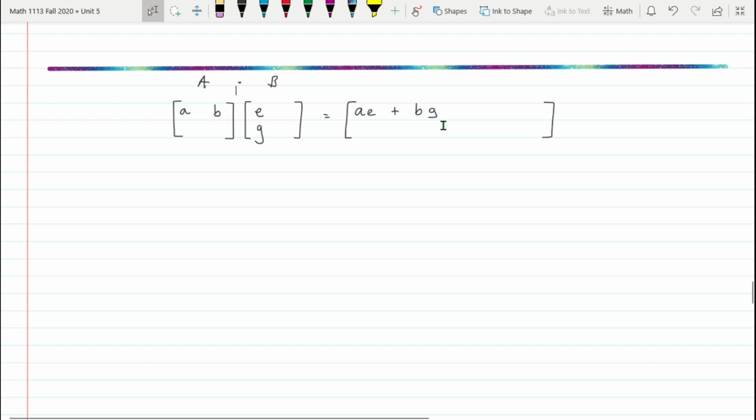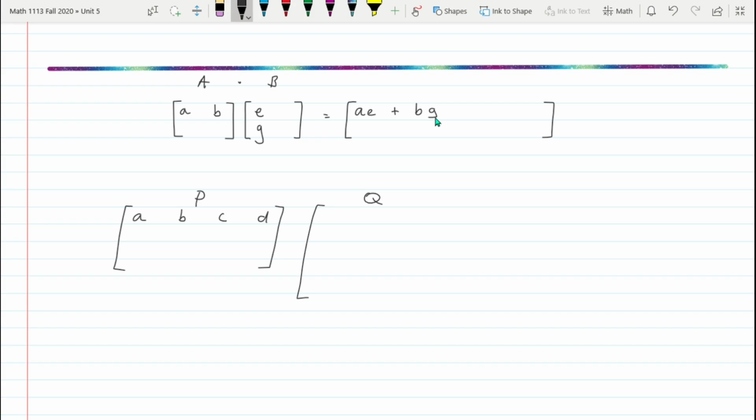Okay, what happens if we have a larger matrix? So let's say that we have matrix P and Q here. This will be another example, and we're multiplying. And I leave those big spaces because it could be that we have more elements there, but all that we're doing is coming up with the first element of the product.